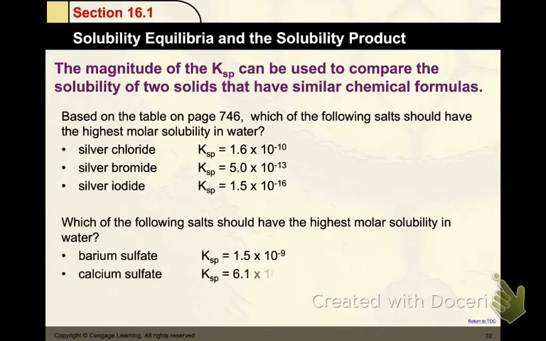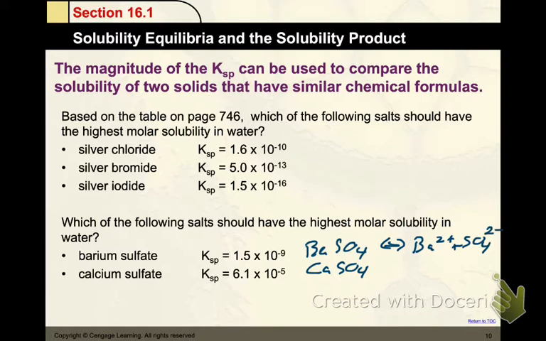So how about if we compare these? Barium sulfate and calcium sulfate. Again, very similar formulas. You've got BaSO4 versus CaSO4, and they form similar things, Ca2+ and SO4 2-, 1-to-1.